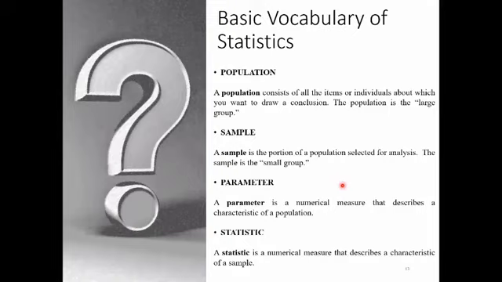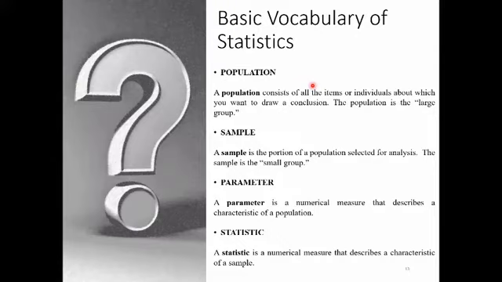Then we have something called population. Population is very simple. It's all the items or individuals about which you want to draw a conclusion. The key term is all. For example, like the example that I took, the female representation in the corporate sector in Sri Lanka.